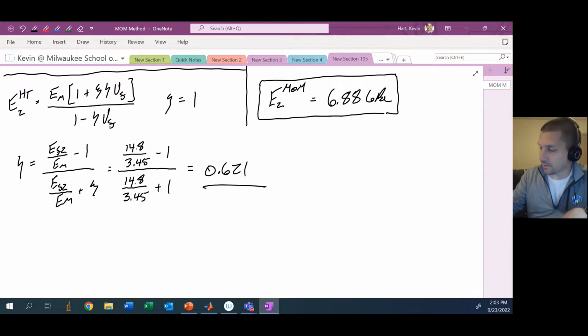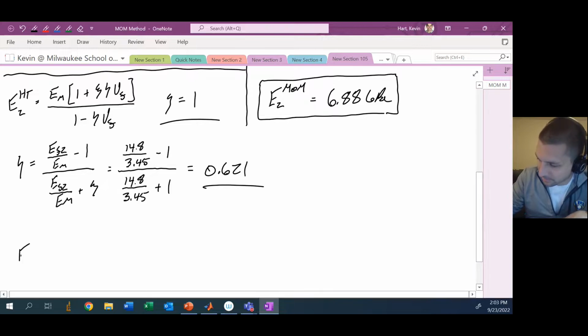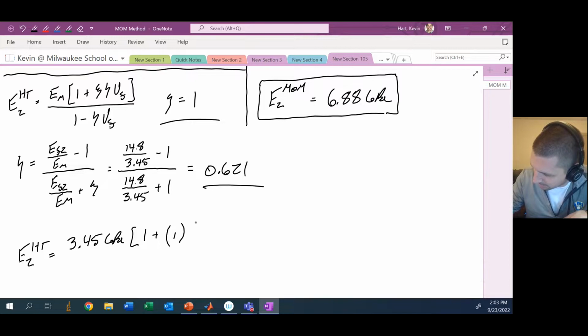Okay, so now we're ready. We have everything, our eta value, our psi value, and everything else in this equation up here as well. So let's go ahead and calculate the elastic modulus in the two direction according to Halpin-Tsai. This will be the elastic modulus of the matrix, 3.45 GPa, multiplied by 1 plus xi, which is 1, times eta, which is 0.621, times volume fraction, given in the problem, 0.65.